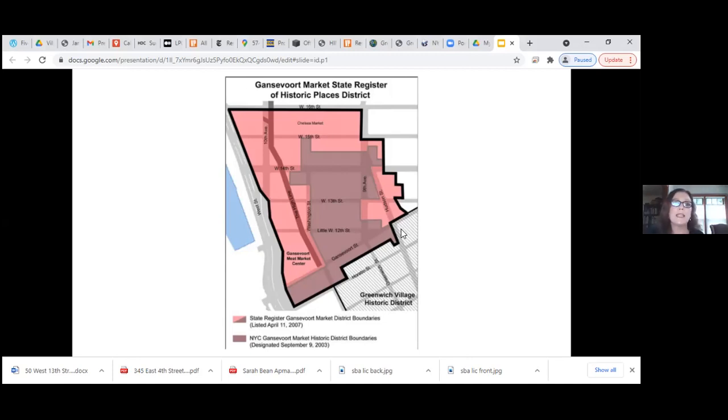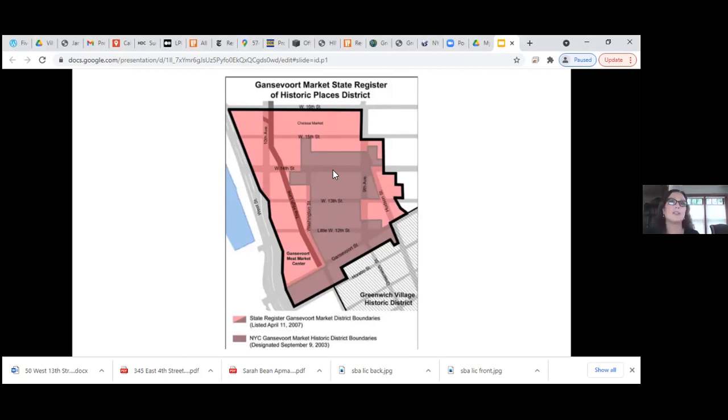And here what we see is the Gansevoort Market State and National Register District outlined in heavy black right here. And this is also what Village Preservation originally proposed as the city historic district. The city, however, did not agree with these boundaries that the state did, and the purple color speaks to what is the New York City Historic District.